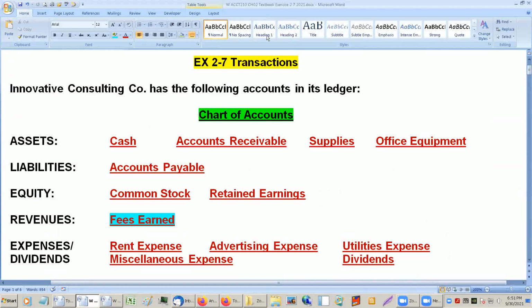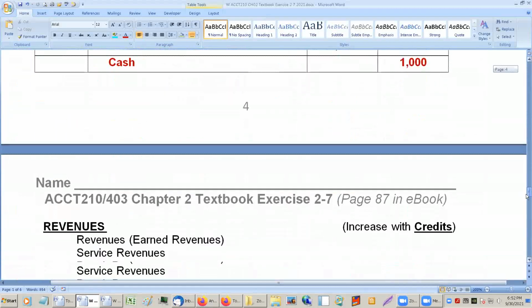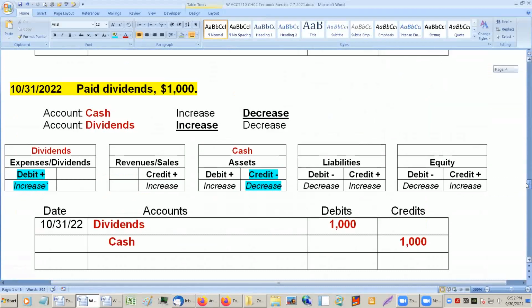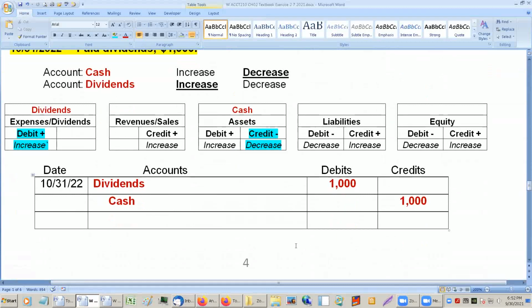Okay, I'll put the last one back up here. Let's go ahead and take a break, and then be back at 7:02.